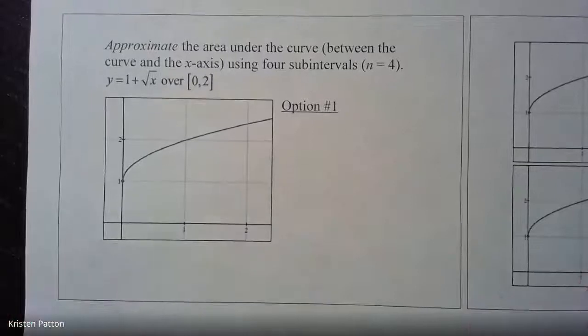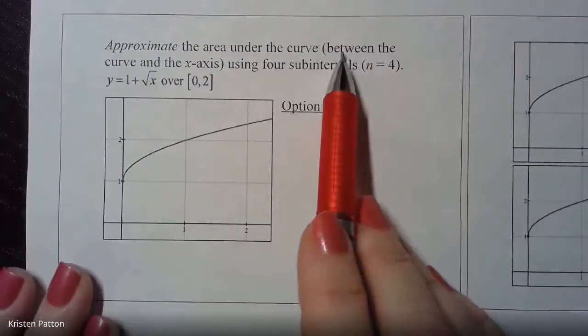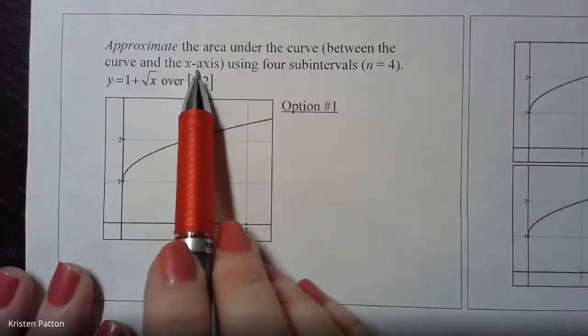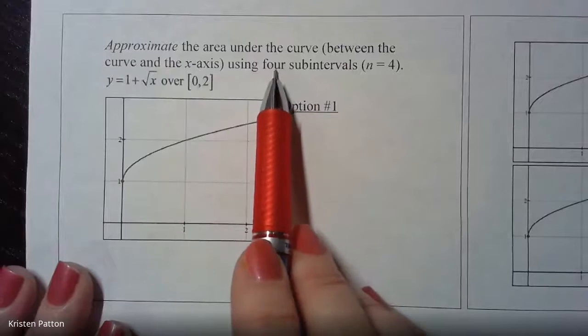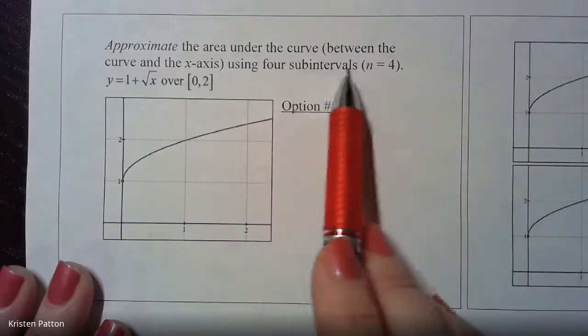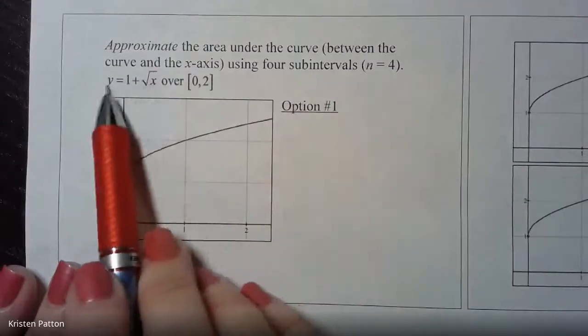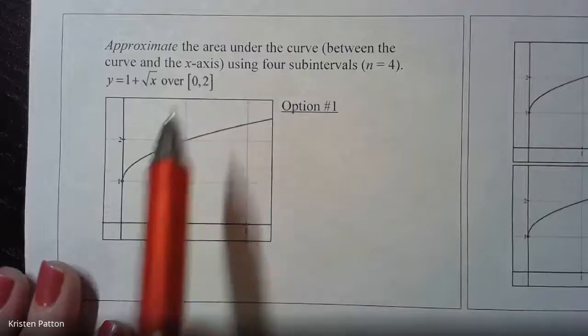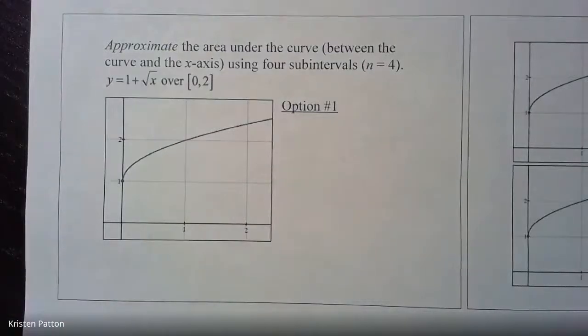So we're going to estimate or approximate the area under the curve, which again, remember, means between the curve and the x-axis, using four subintervals. So this is that finite number. There's our equation, y equals 1 plus radical x. And they want us to look at the area between 0 and 2.